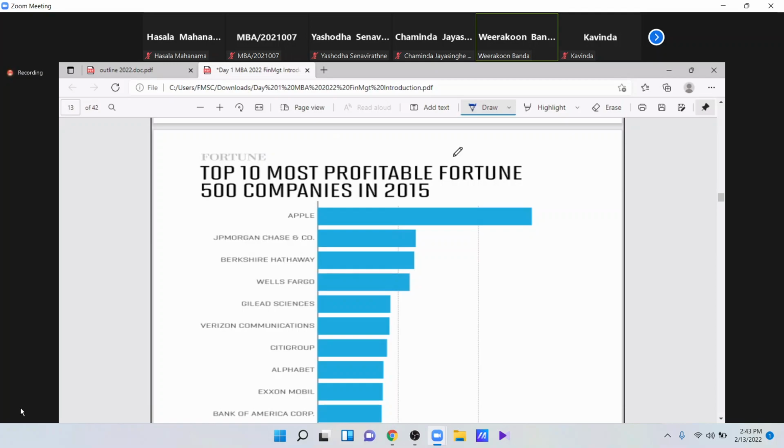Among them, in 2015, Apple was the first one. Second, JP Morgan Chase, then Berkshire Hathaway, Wells Fargo. Likewise, it indicates different kinds of companies and their levels.